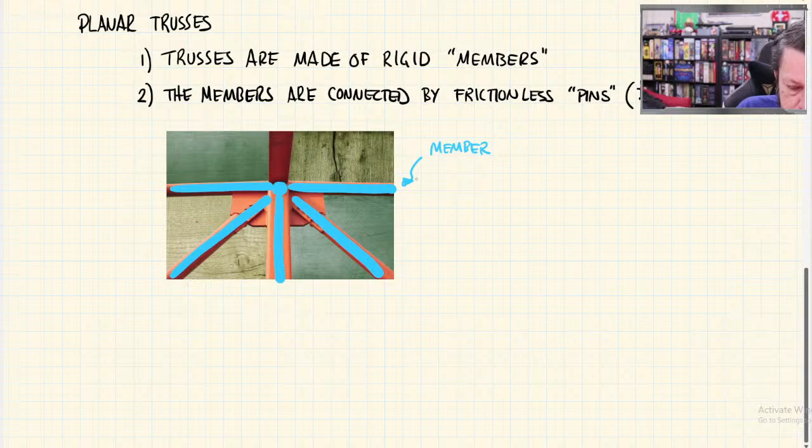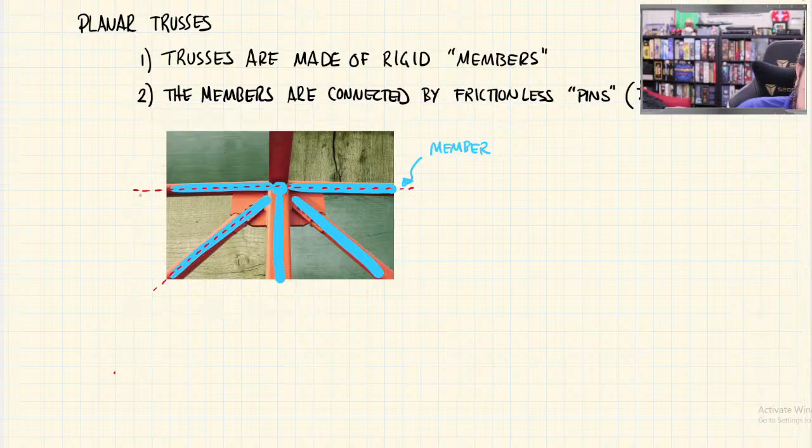And so even though I've got this big orange plate with all these little bolts holding everything together, and there's probably some welding going on in there, the effect is still that all the members' lines of action meet. The line of action for this member is kind of here. Same with this member. They have the same line of action. Here's a line of action. Here's another line of action. They all meet at this one point.